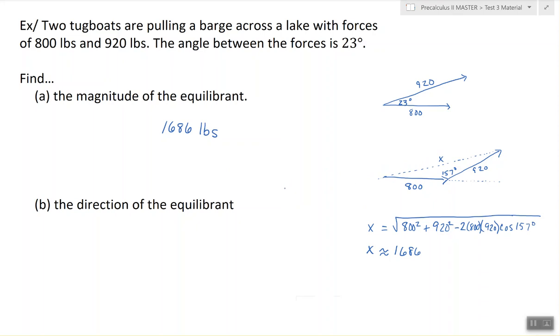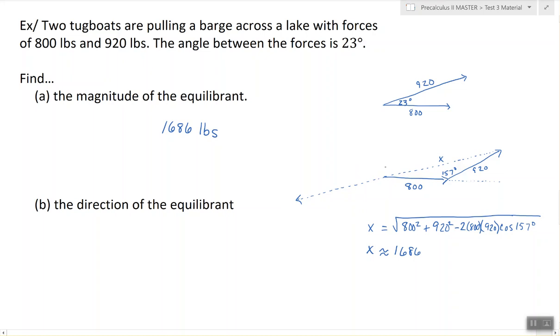The next thing that we need to do is to find the direction of the equilibrant. So drawing our equilibrant vector is this way. It's the opposite direction of the resultant vector, but the same magnitude, magnitude being 1,686.